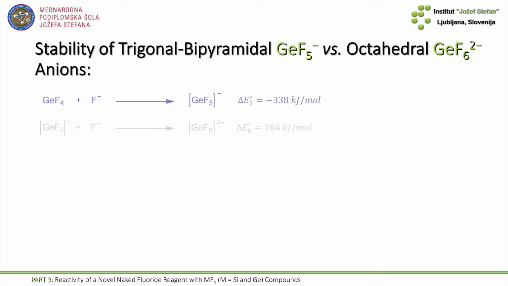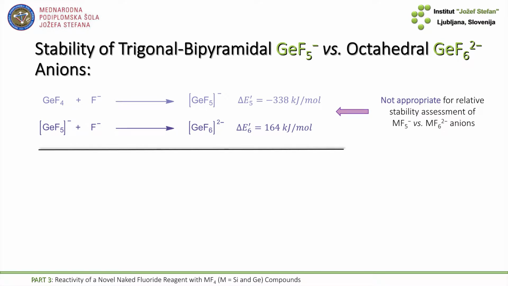And you can then calculate the next step, the addition of another fluoride to the pentafluorido germanate anion to form the hexafluorido germanate anion. However, if you take a look, this one is disfavored relative to the reactants. And so this model does not appropriately address the empirical data and the observed structures.